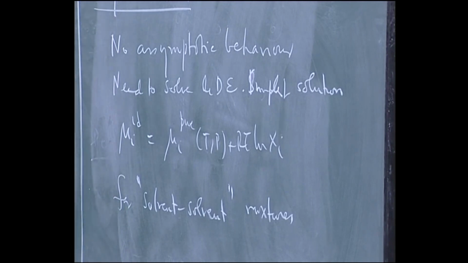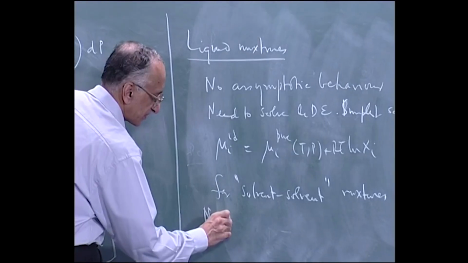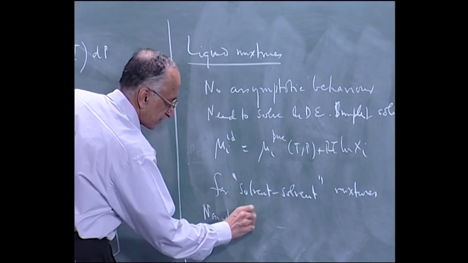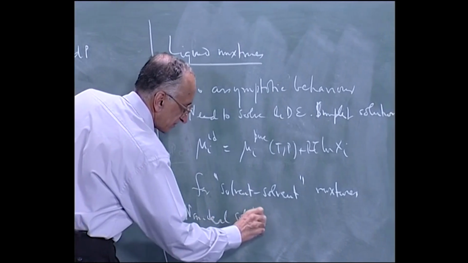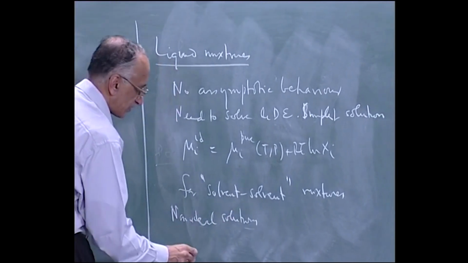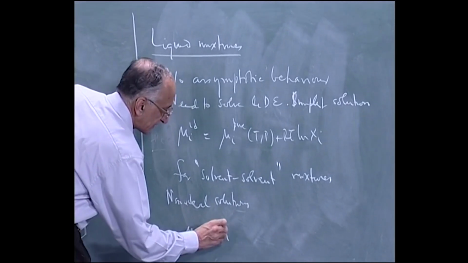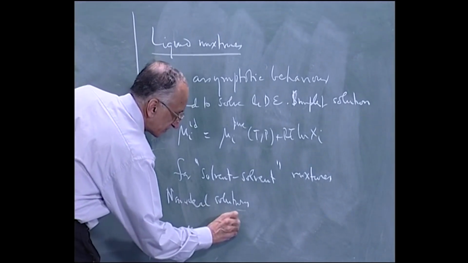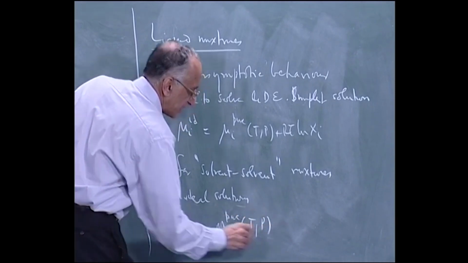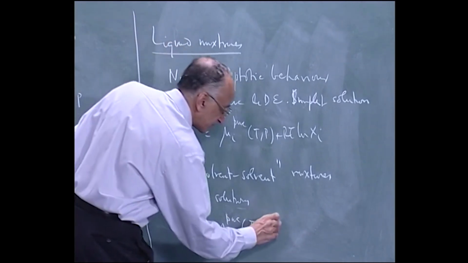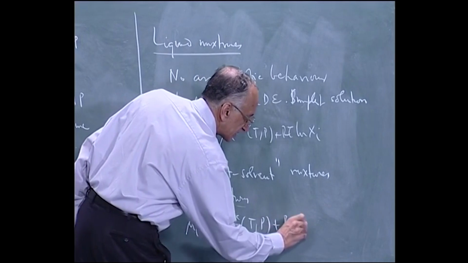So what you do in practice is write for non-ideal solutions, or real solutions, mu I equal to mu I pure at T and p plus RT ln of gamma I xi, again for solvent mixtures only. I will treat the other case separately.